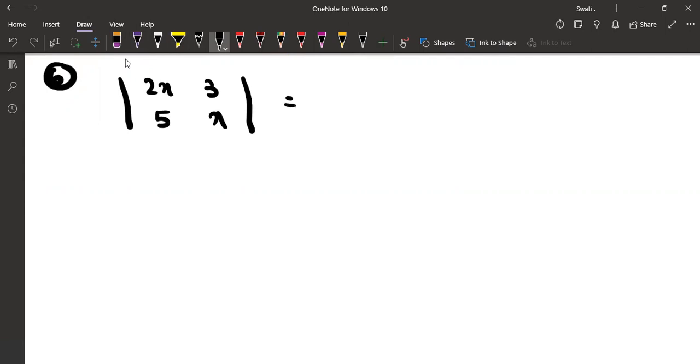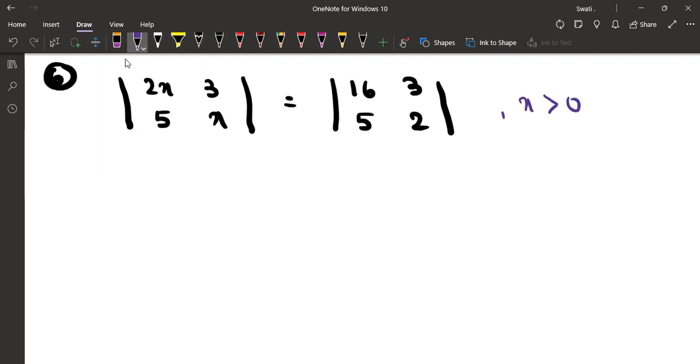This determinant is equal to another determinant, which is 16, 3, 5, and 2. The question says, what positive value of x makes the following pair of determinants equal? So we need to find the value of x, where one condition for x is given, that x is going to be positive. So x is going to be greater than 0.